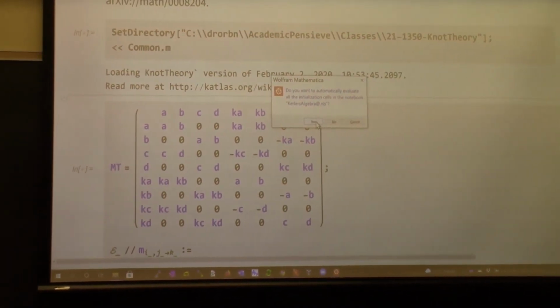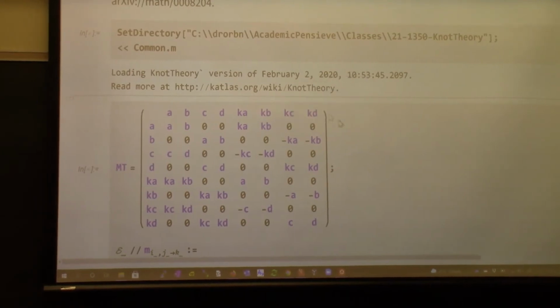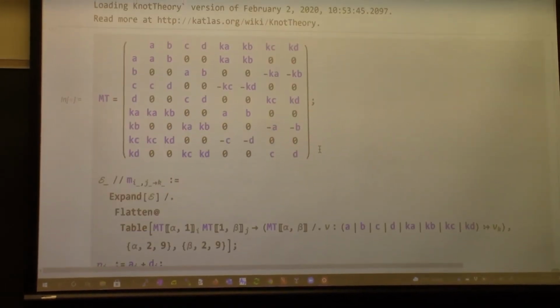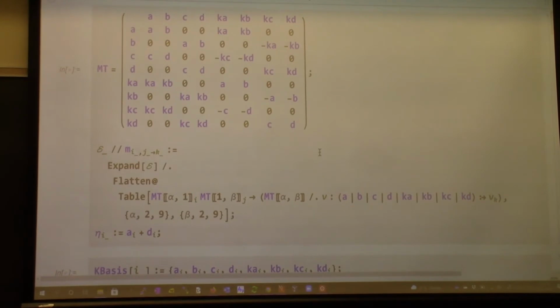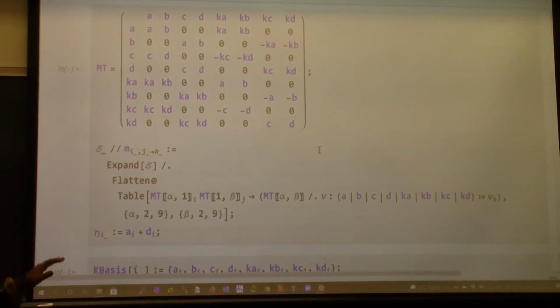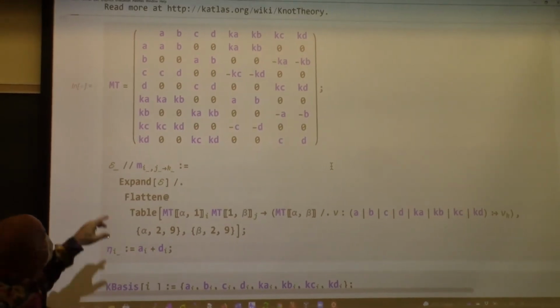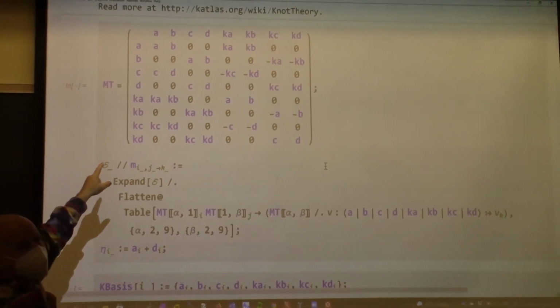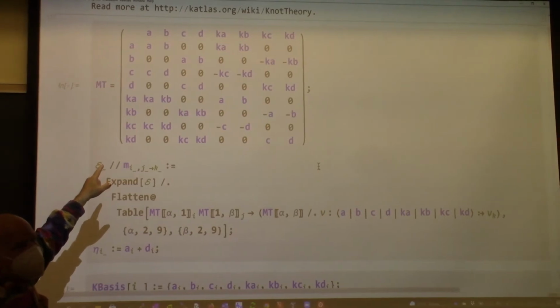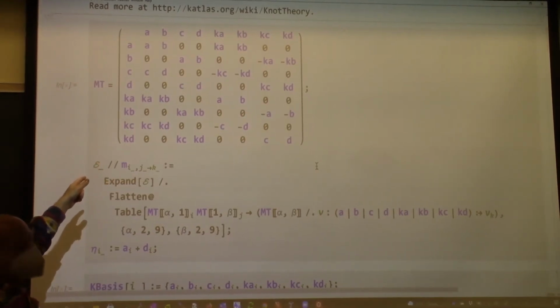I don't need it for the algebra. Then the implementation of the algebra is fully on the screen. First of all, I typed in by hand a matrix called MT, which stands for multiplication table.